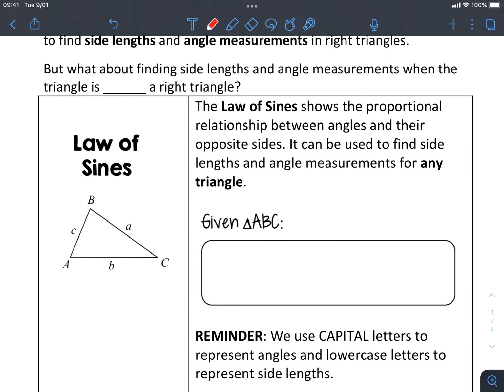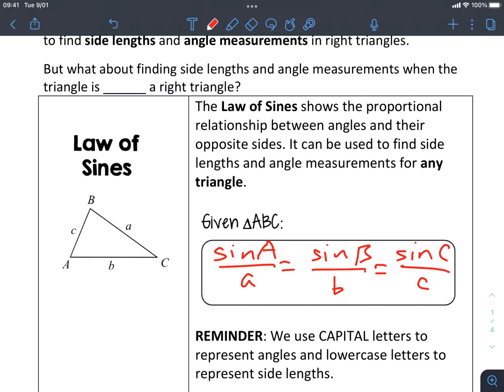So we would say that the sine of angle A divided by the side length of A is equal to the sine of angle B over the side length B, which equals the sine of angle C divided by the length of side C.